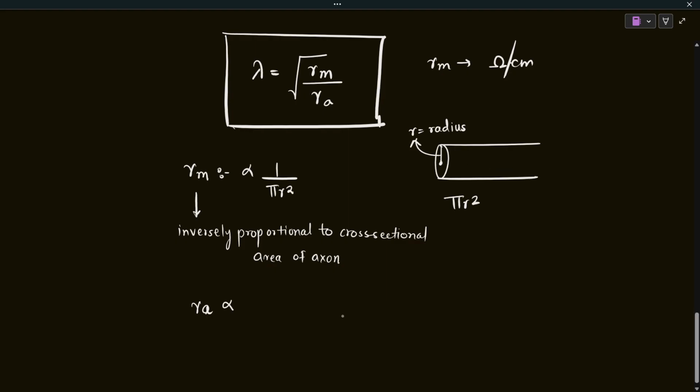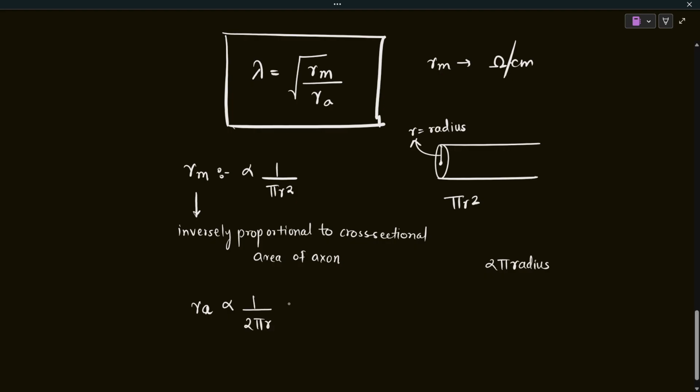So it will be inversely proportional to the circumference of the axon. What will the circumference be? We know the formula for circumference is 2 pi r, where r is the radius. So that will be inversely proportional to 2 pi r.